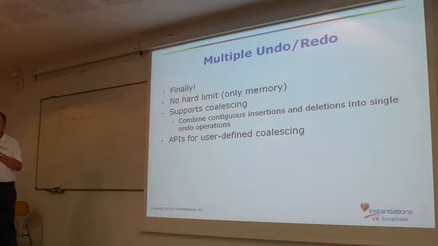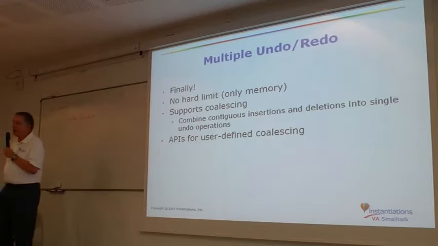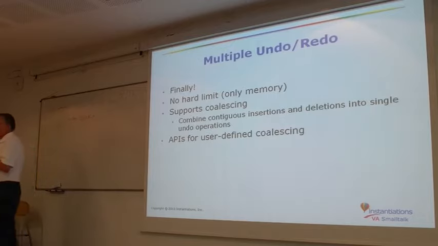We have had undo redo in the product, I guess as long as there has been a VisualAge Smalltalk or a VA Smalltalk, but it was one level undo. So you type a letter, you can undo that letter. Two letters, no good.